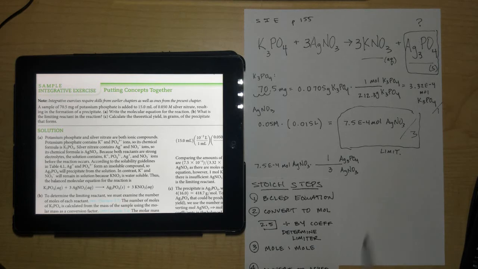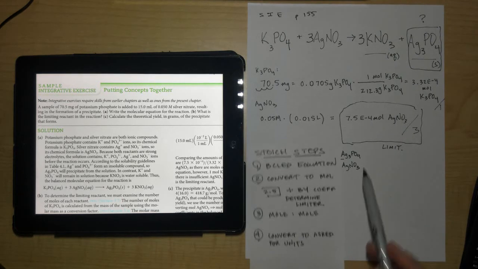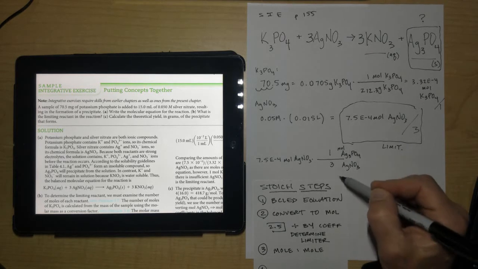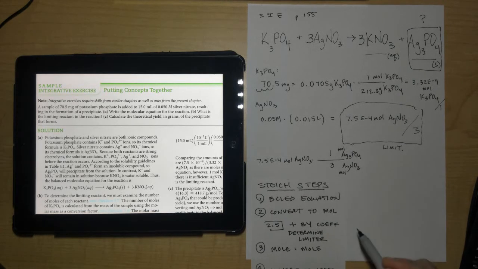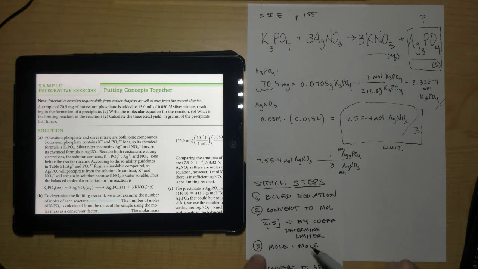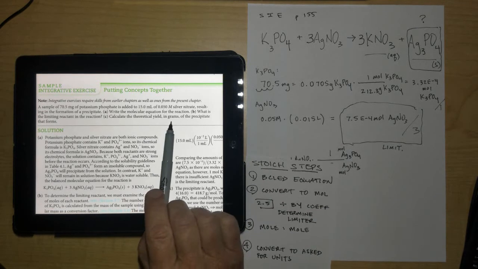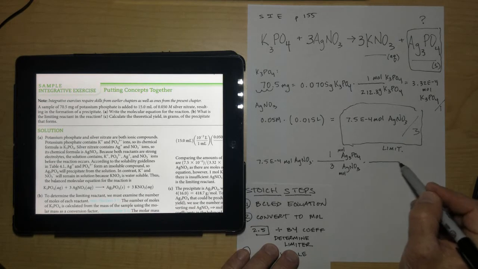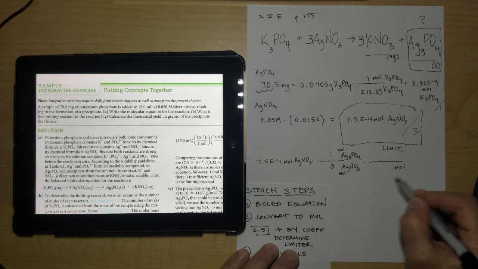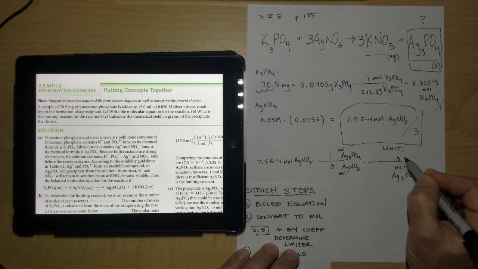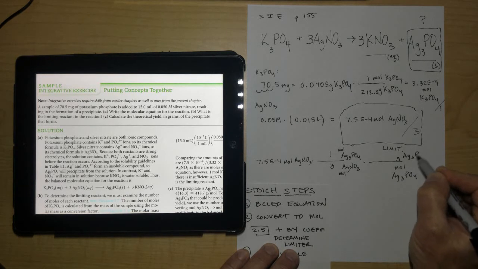And I can go to the last step, convert to the asked for units. If it just asked for moles of it, I'd be done, because this is a mole to mole ratio right here in the balanced chemical equation, step 3 right here. But it asked for grams at the end. And so I'm going to do the last step of going from moles of the Ag3PO4 to grams of the Ag3PO4.